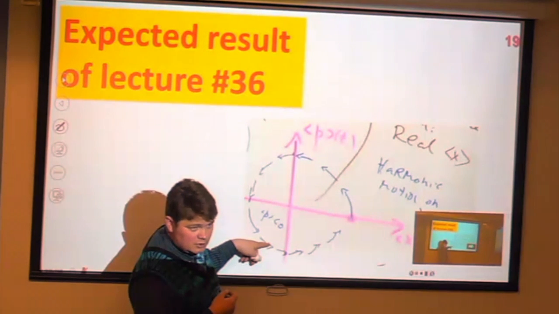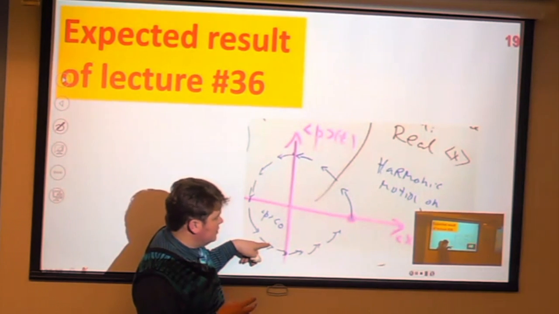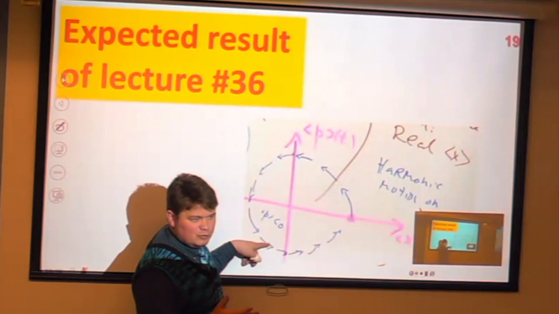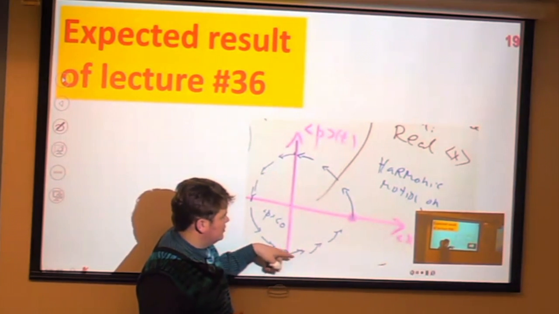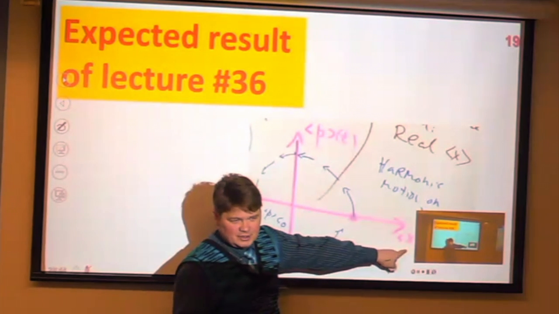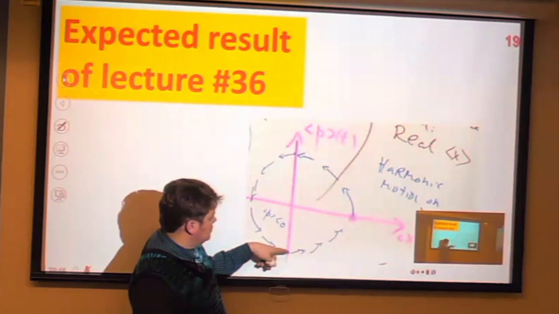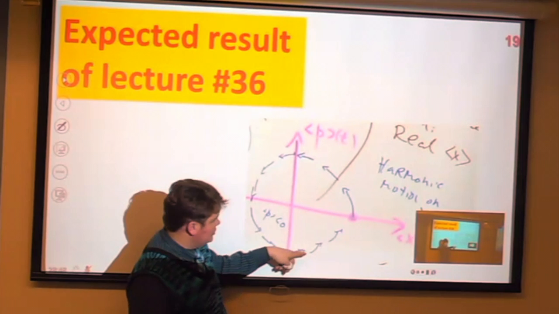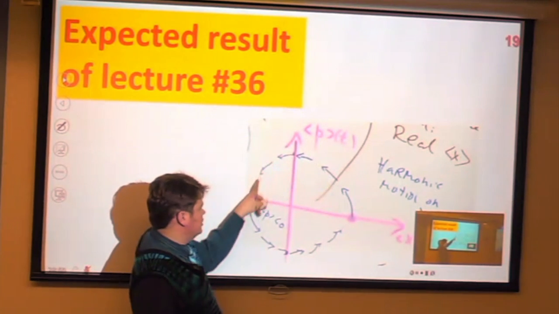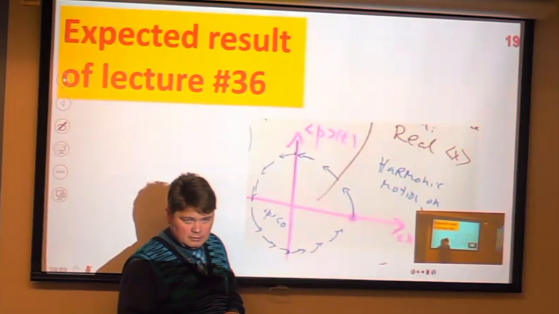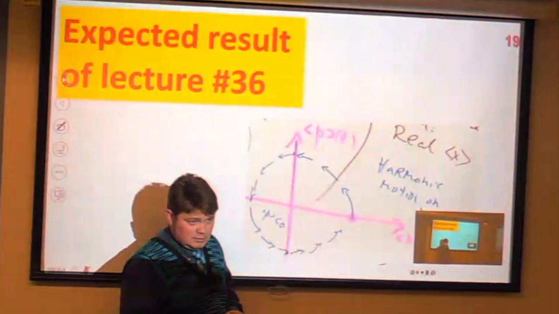So if you make a parametric plot with two variables, and if you are quantum, you take not the position but the expectation value of position, then for this harmonic motion of the harmonic oscillator, the phase-space trajectory will have the shape of a circle. This is trivial.